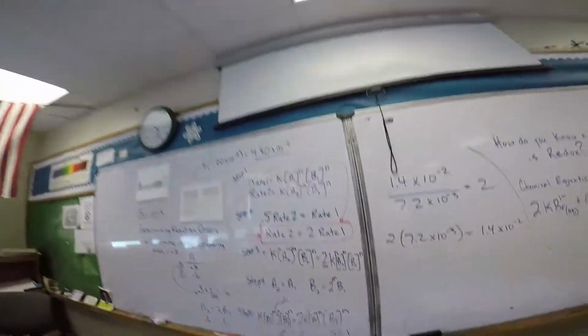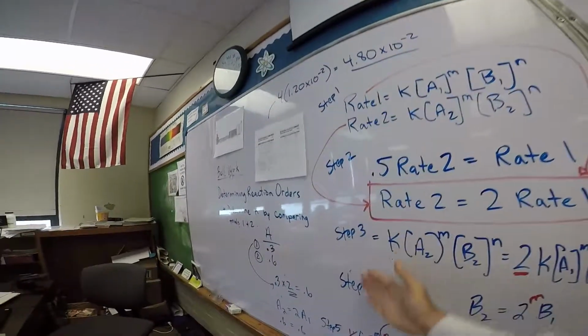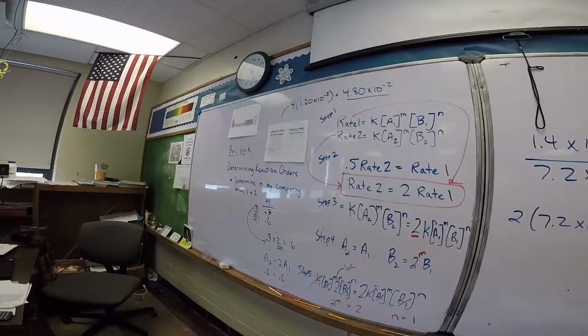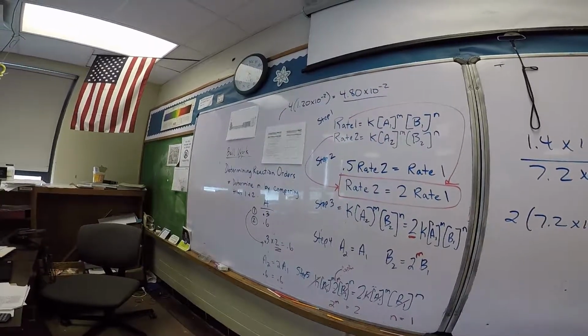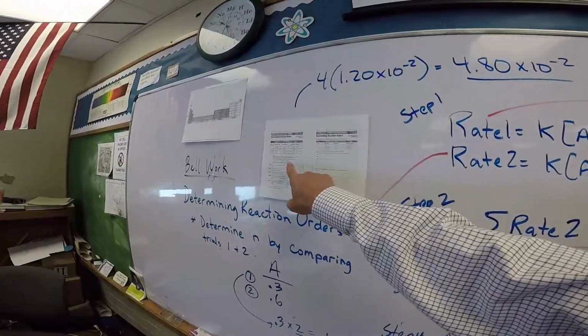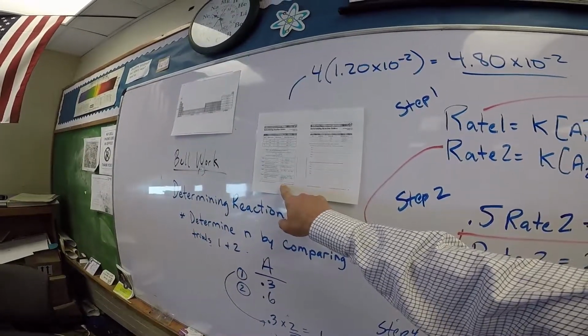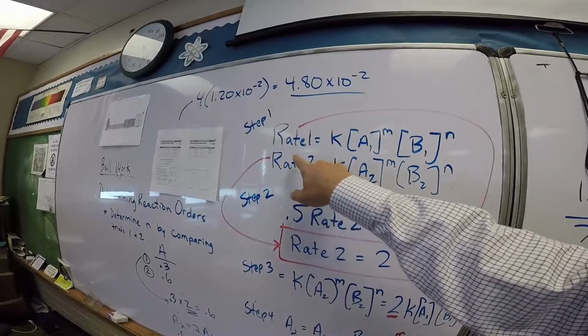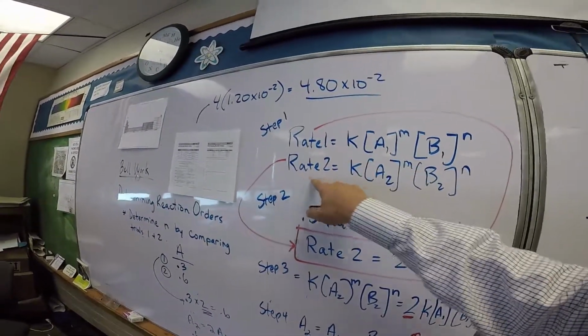Now, with that said, we're looking at the steps that we want you to check your results with from your homework. We're following these steps in the example. Step 1 says to write down the rate for the first one and the rate for the second one.